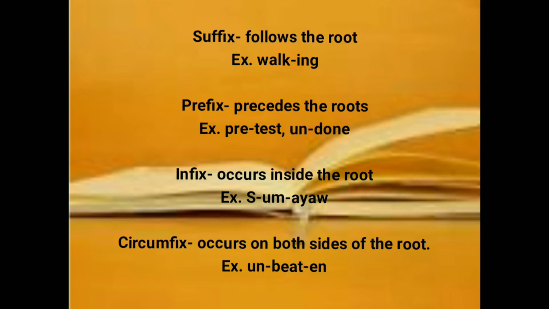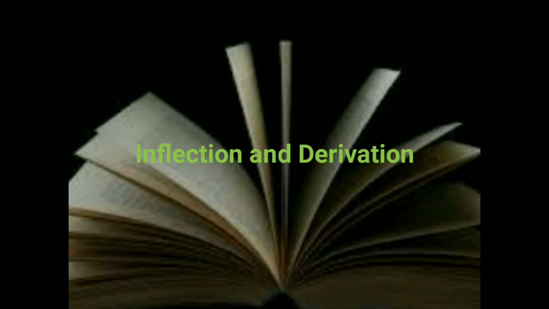The affixes we just talked about are distinctive in one more way. They act in a particular way when attached to the base. Either they give grammatical information or they create a new word. We have also inflection and derivation.